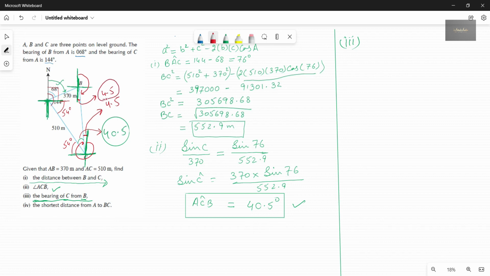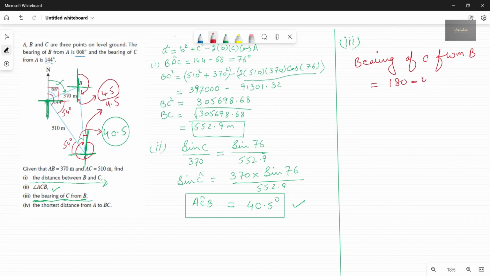So the bearing of C from B is equal to 180, because we are taking a turn 4.5 degrees earlier than 180.